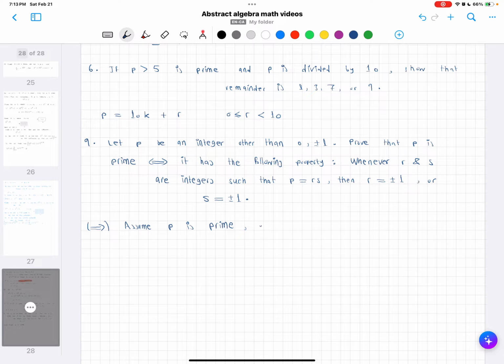So assume that P is equal to R and S. So therefore P divides RS. So which means as P is prime, we can invoke theorem 1.5.